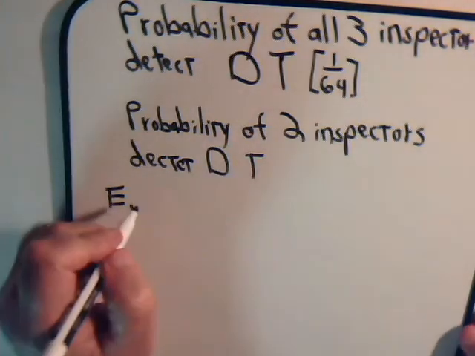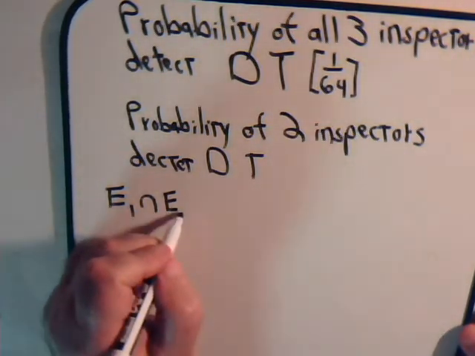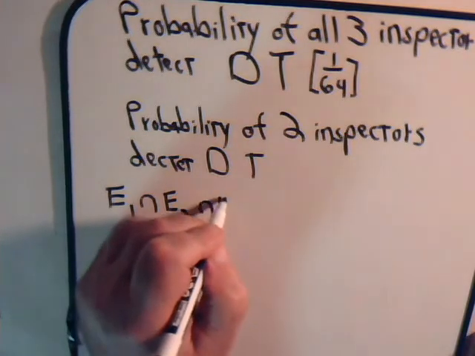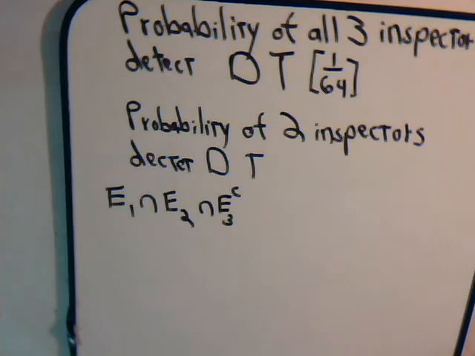The second inspector might, so that would be event E2, and the third inspector might not. That would be E3 complement. That's one way.